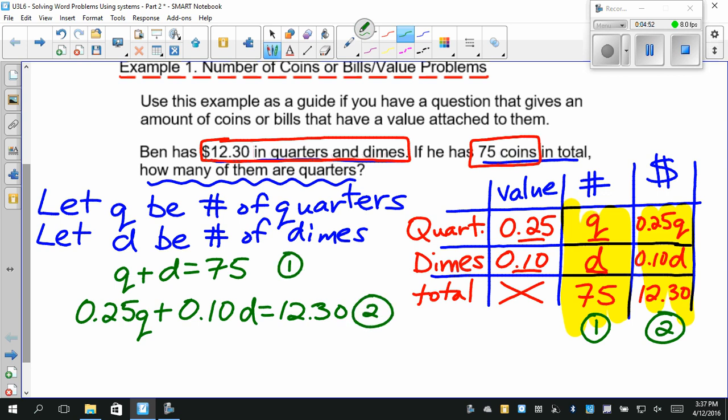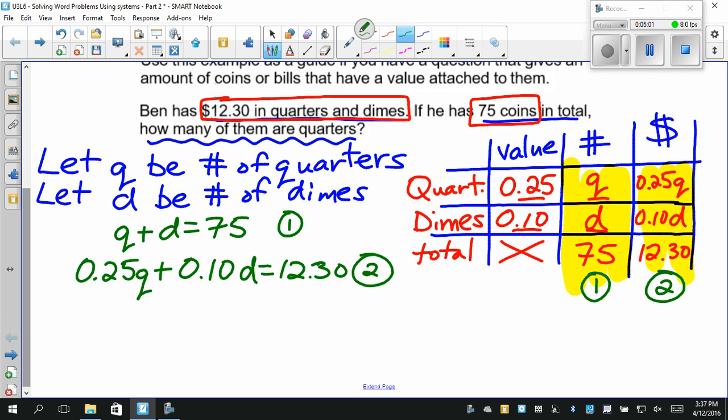The other day we did questions that involved decimals, and we discussed how we could change it to get rid of the decimals. And that's what we're going to do here. So you can see in this second equation, these are all decimals to 2 decimal places. So I'm going to take equation 2, and I'm going to multiply it by 100 to help get rid of those decimals.